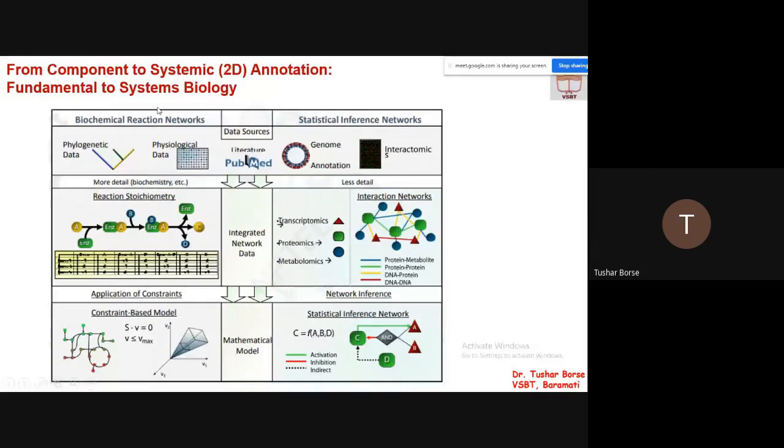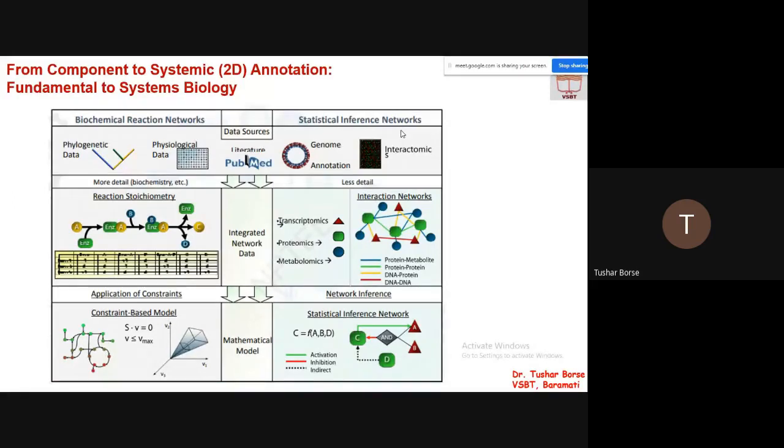On the other hand, you have another type of network which can also be generated, which is the statistical inference network. That means you have a lot of data available. The data could be genomics data, transcriptomics data, or proteomics data, with the notion that genomic data can be correlated with transcriptomic data, which can be correlated with proteomic data, and from the proteomic data you can correlate the metabolomic data, right?